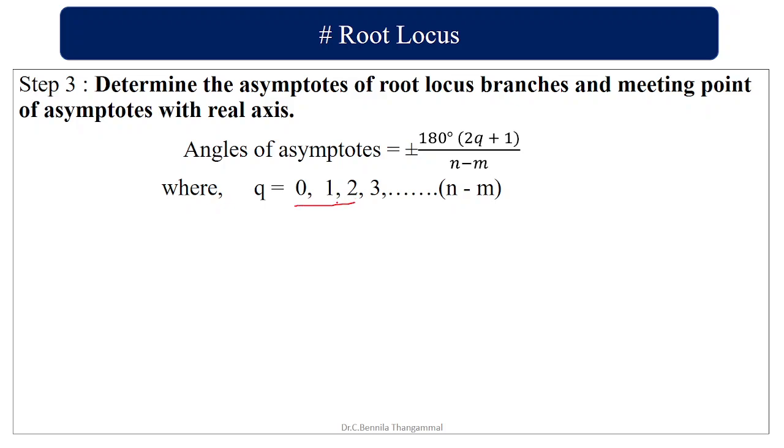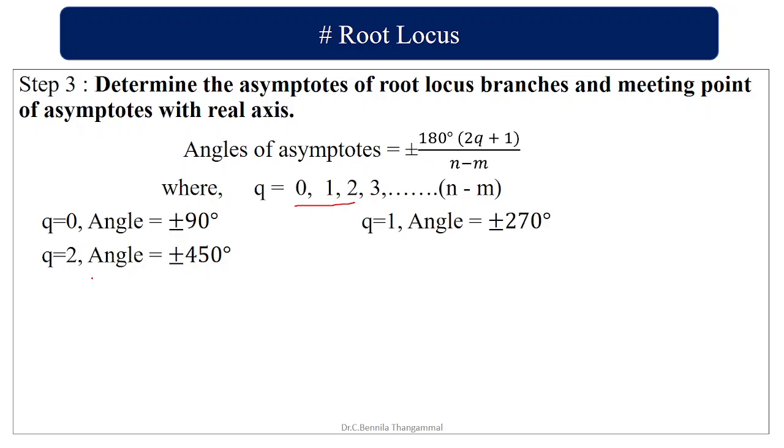Now I substitute the values of q to find the angles of the asymptotes. If I substitute q as 0, 180 divided by 2 is 90 degrees. If I substitute q equal to 1, 2 plus 1 is 3, so 180 times 3 divided by 2 gives plus or minus 270.